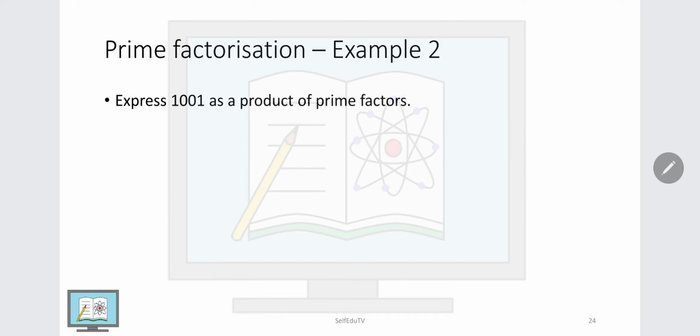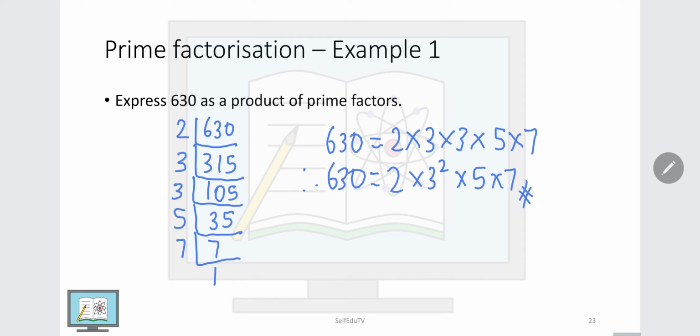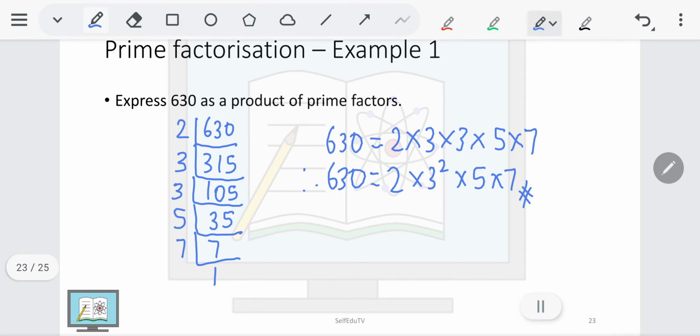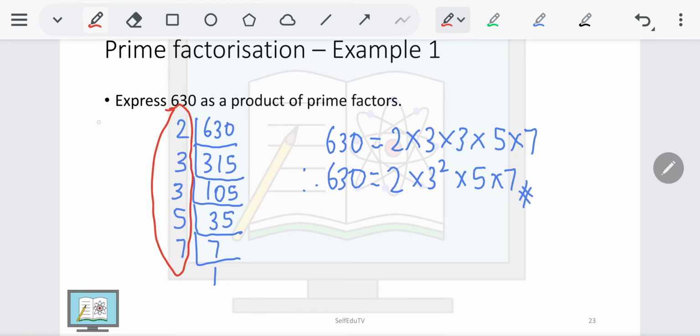Express 1001 as a product of prime factors. Similar. You just need to divide by prime numbers. Prime numbers only will be used.